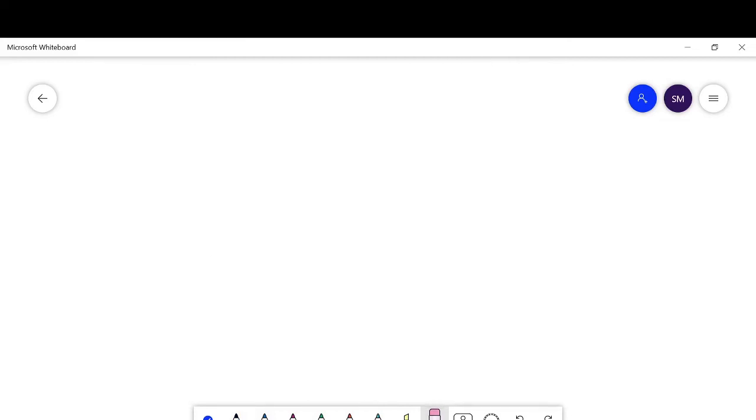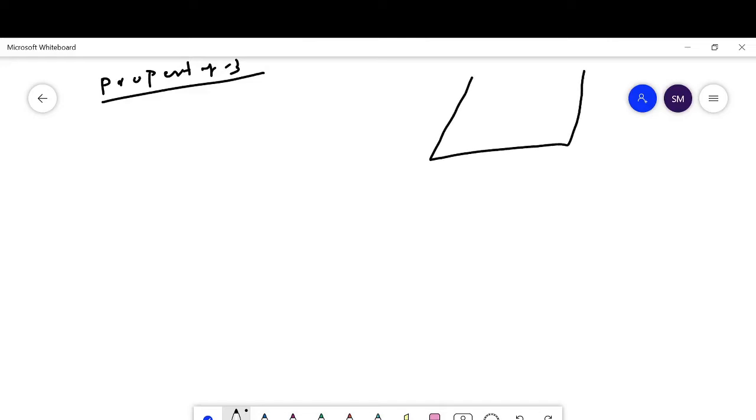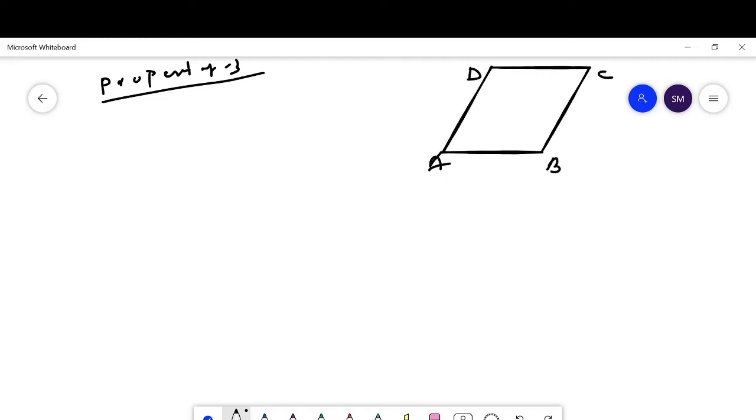Okay. Then the third property. The third property says, suppose ABCD is a parallelogram and AC is the diagonal.